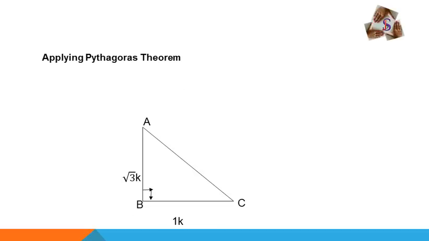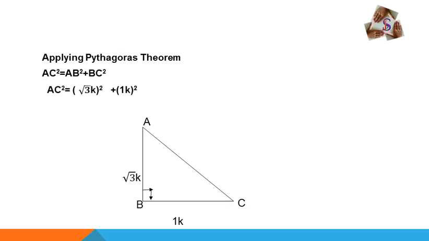So then we apply the Pythagoras theorem again to find out our hypotenuse side. So AC square, that is the hypotenuse side whole square, is equal to the sum of the squares of the other two sides. So AC square is equal to AB square plus BC square.